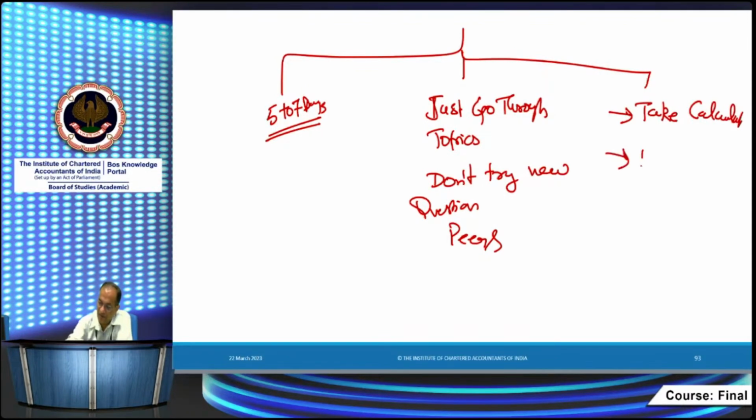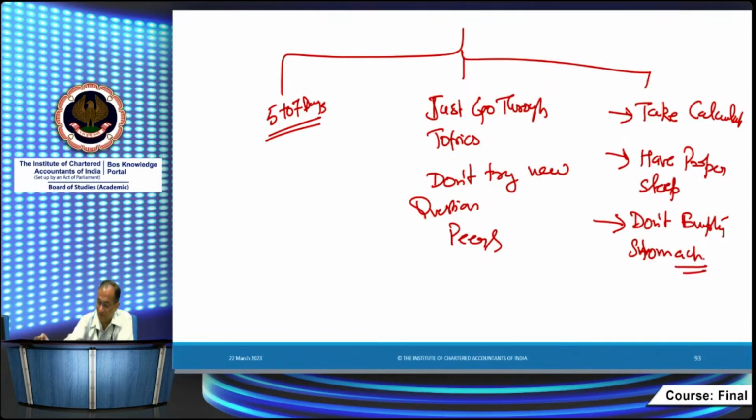Have proper sleep, don't go on an empty stomach, because of stress. Normally students do not take all these precautions. And stay confident.